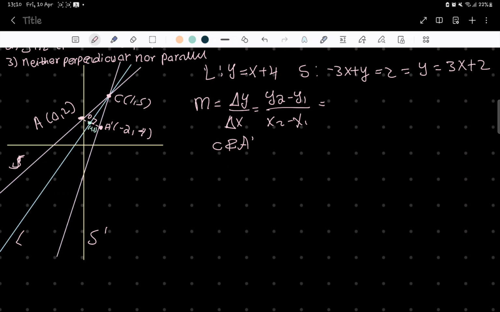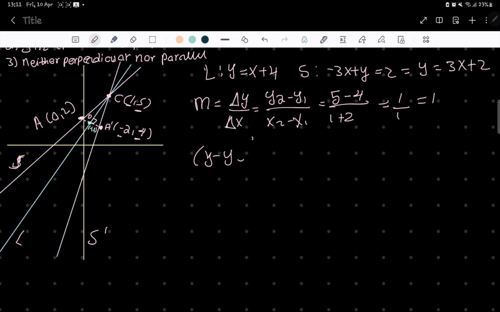So we set it up as 5 minus A prime's y coordinate, which is 4, over C's x coordinate, 1, minus minus 2, so plus 2, which will equal 1 over 1, which equals 1.